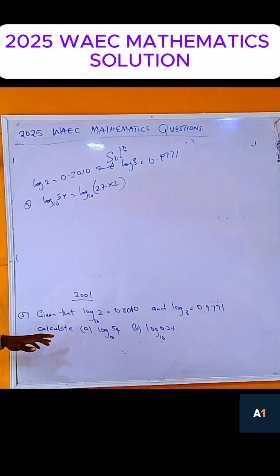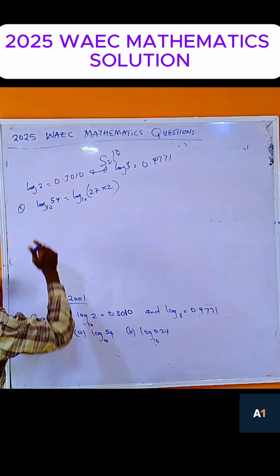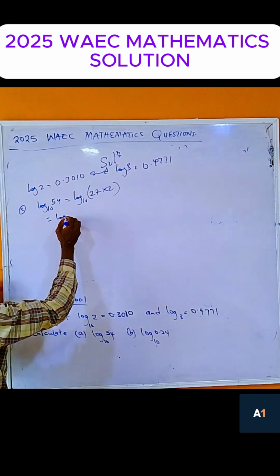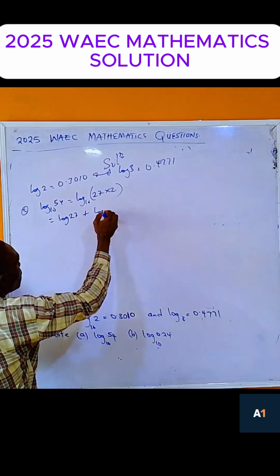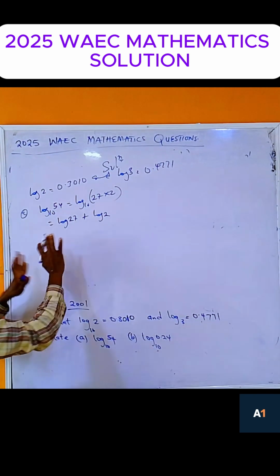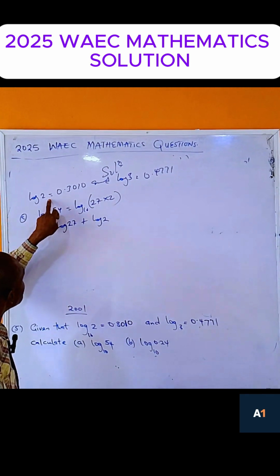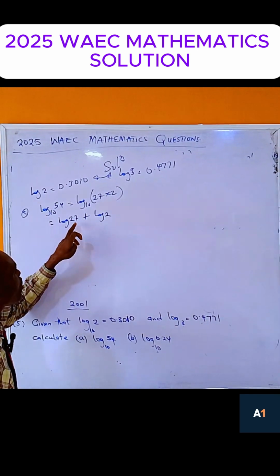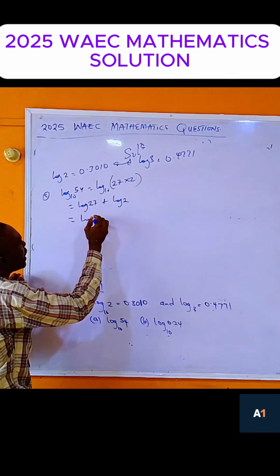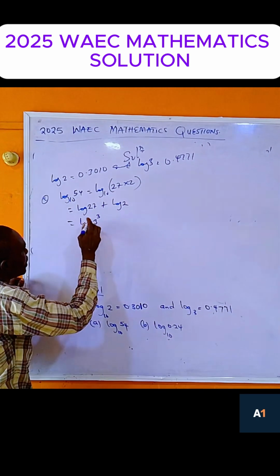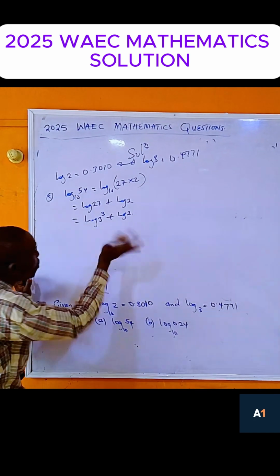If you look at it very well, 27 times 2 is the same thing as 54. So it's very simple. We just say log 27 plus log 2. Log 2 we have separated, and we are given log 2 to be this. What we are going to do here is to say log 3 raised to power 3, then plus log 2.